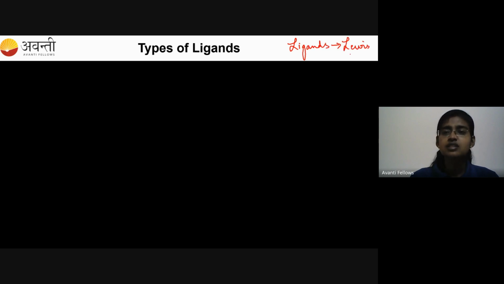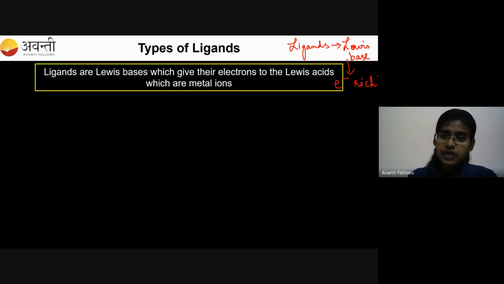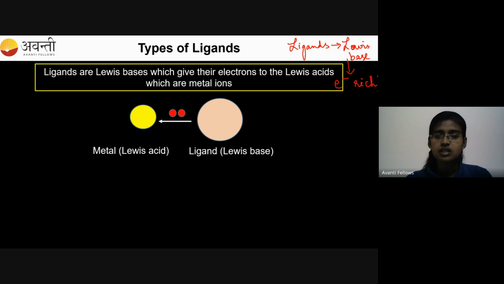Lewis bases are compounds which are electron rich in nature. So ligands are electron rich compounds and metal atoms are electron deficient compounds. Ligands are Lewis bases which give their electrons to the Lewis acids, which are metal ions. This shows the donation of electrons from the ligand to the metal.